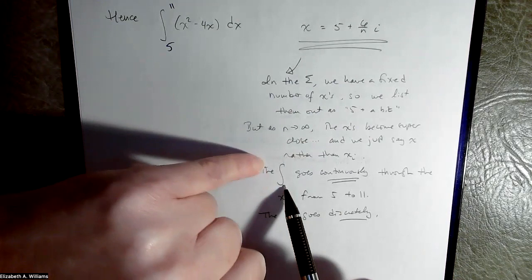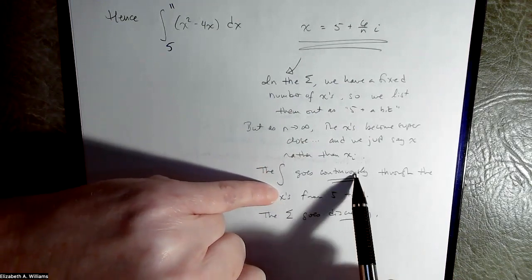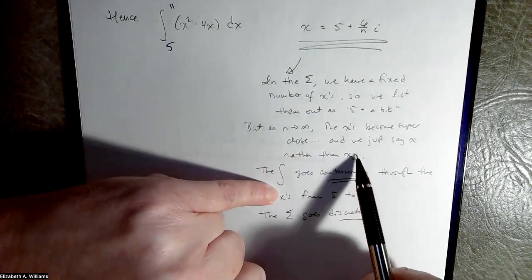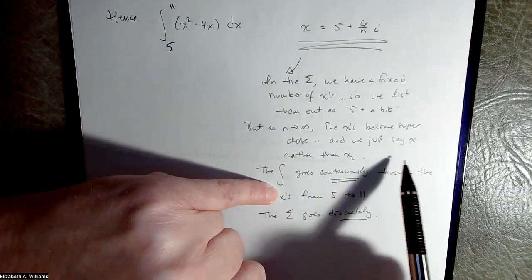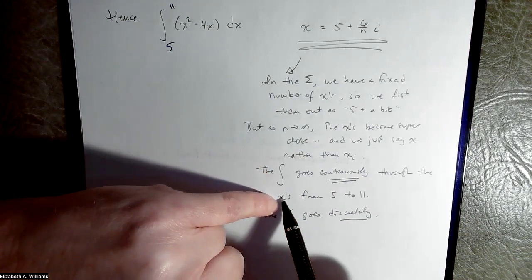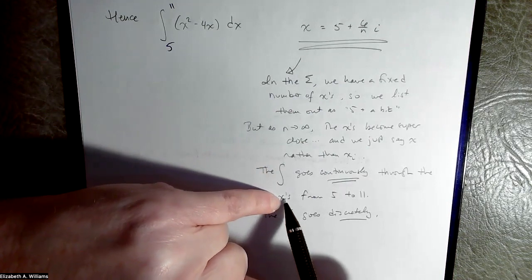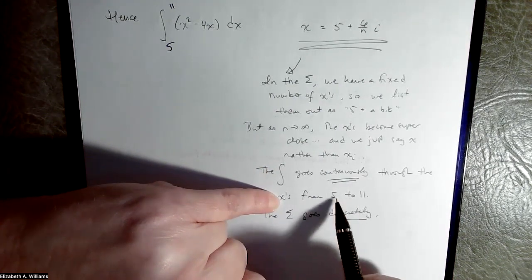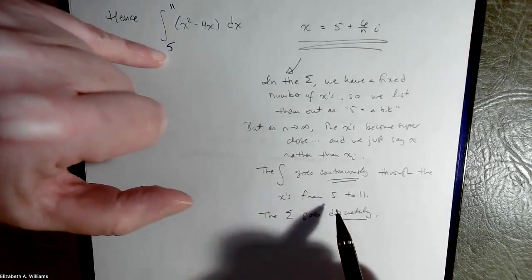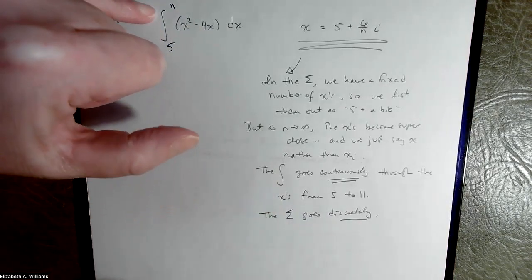The integral is the limit, and we're continuously going through the x's. So rather than incrementing x by x by x, we just say plain old x, some number in the continuum between 5 and 11, and the integral goes smoothly across the continuum is the idea.